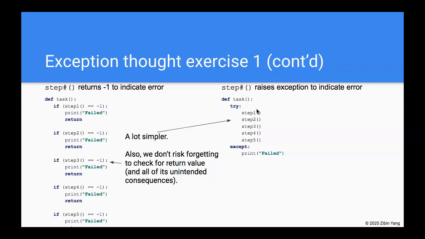And when any of the steps raises an exception, let's say if step 2 raised an exception, then it would actually jump to the except block and skip the rest of the steps 3, 4, and 5. So that's great. It really makes the code a lot more readable, right?